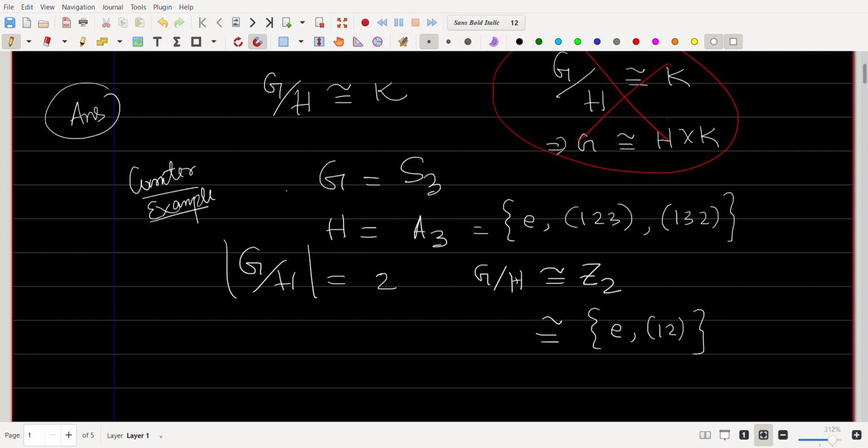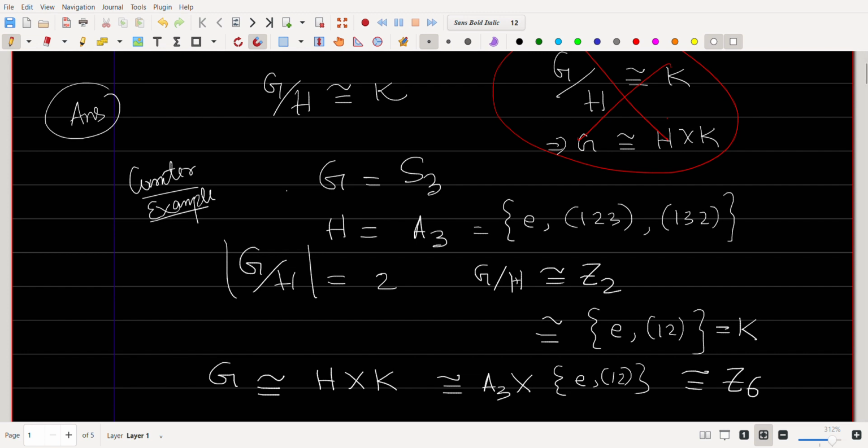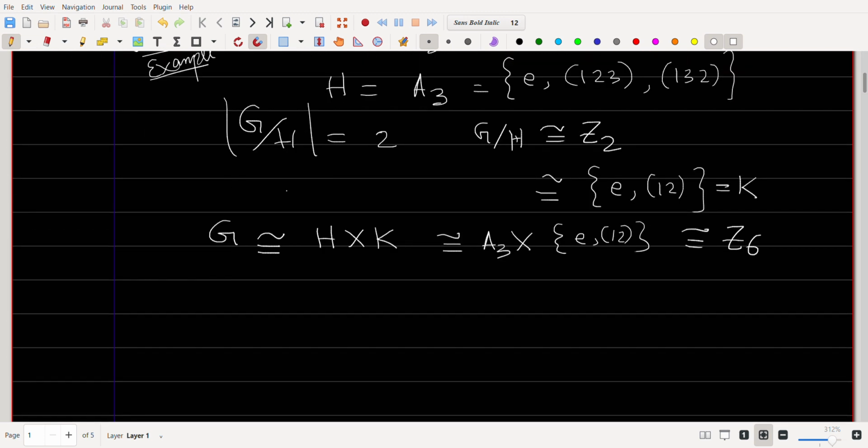So G mod H is isomorphic to this, say this is K. Then if the statement is true, G is isomorphic to H cross K, which is the same as G isomorphic to A3 cross this. Now A3 is a cyclic group of order 3 and this is a cyclic group of order 2. That means it is a cyclic group of order 6, so this is isomorphic to Z6. That means G is isomorphic to Z6.